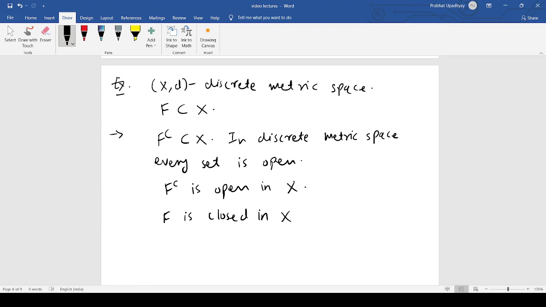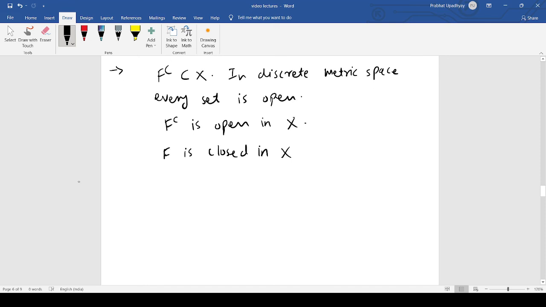Now let's see one example where a set is neither open nor closed. So take your X to be the set of real numbers R and d be your usual metric, and take your set A as the interval closed at 0, open at 1. We would like to show this set is neither open nor closed.